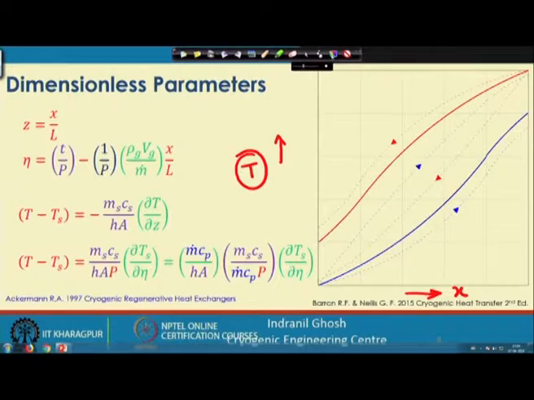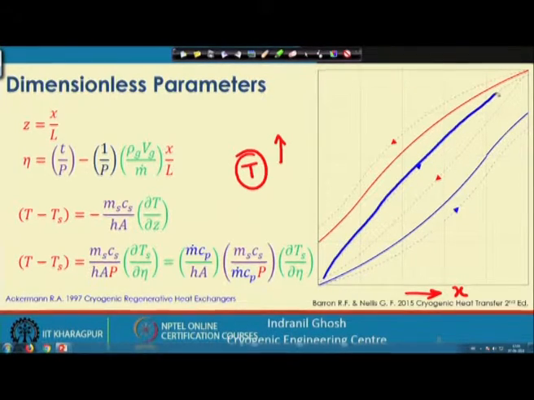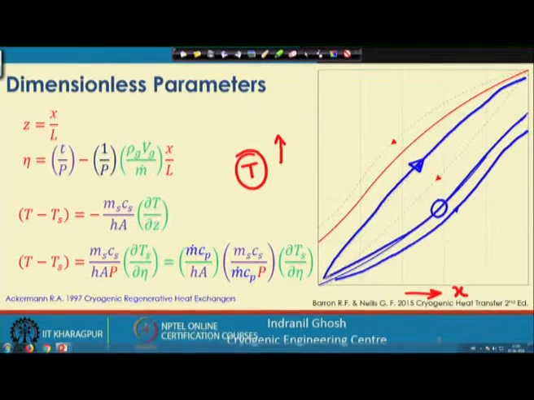When it has started, this is the temperature of the cold gas flowing through the regenerator, and by the end of the cycle it will come to this temperature, and this would be the temperature of the matrix at the end of the cycle.